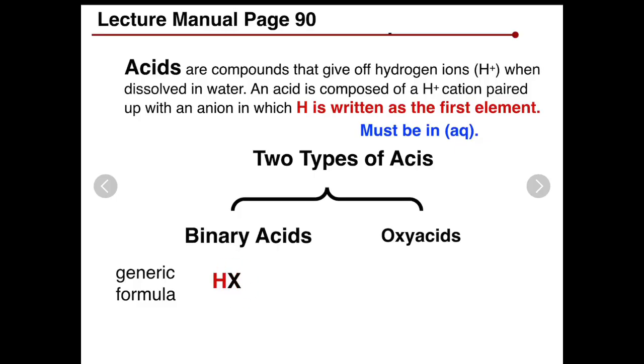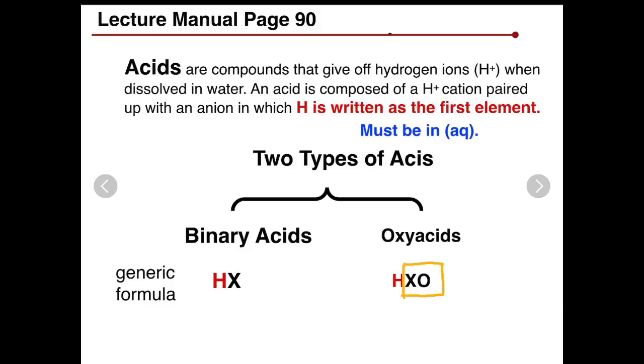The other type is oxy acid. The name also implies it: oxy comes from oxygen, so this type of acid contains oxygen. It would be hydrogen that comes with another nonmetal, and also including oxygen. You might recognize some of this already.